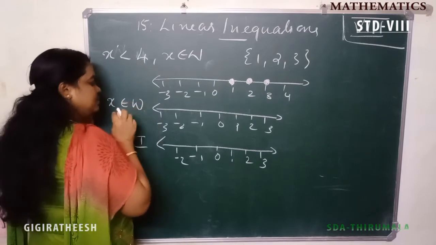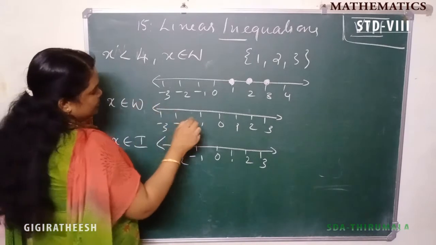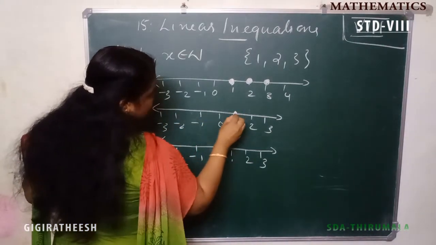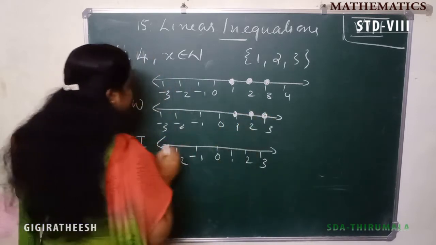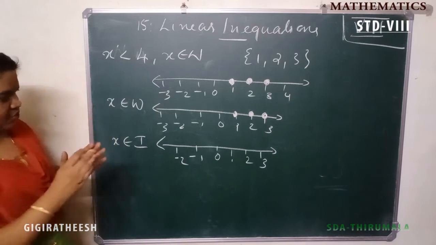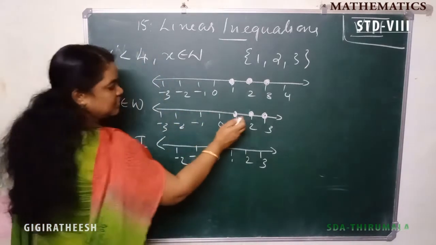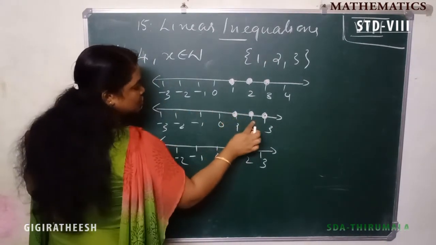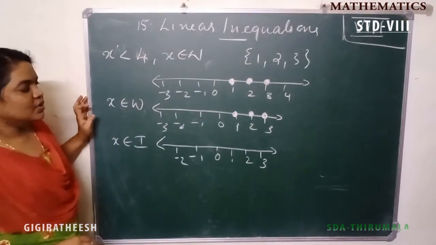In the case of whole numbers also, we take each and every number as a bubble, that is 1, 2, 3. We don't need the space in between here. So for x an element of whole numbers, it is equal to 1, 2, 3.